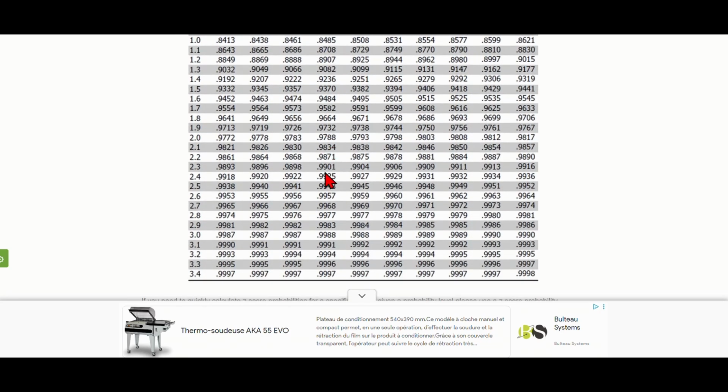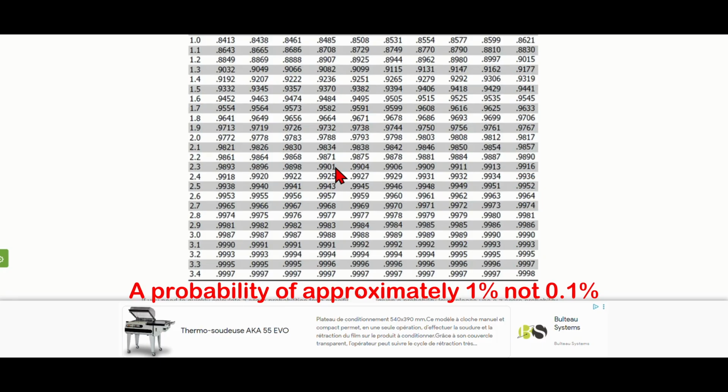At the intersection between this column and row 2.3, we find the probability of observing someone who has an IQ score less than 135. But we wanted the probability of encountering someone who has an IQ score greater than this value, so we subtract this probability from 1. 1 minus 0.9901 gives you a very small probability. It's a 0.1% probability of encountering someone with such a high IQ score.